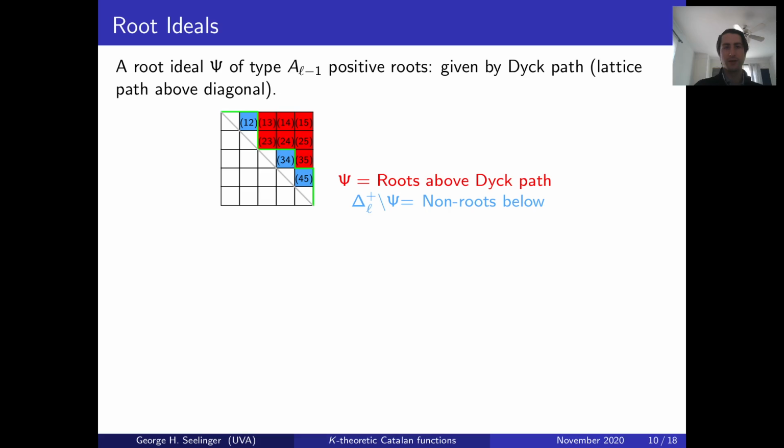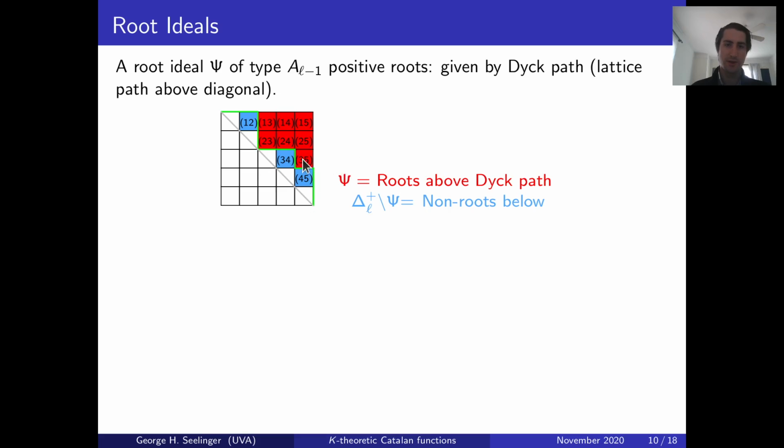So a root ideal of positive roots is equivalent to a Dyck path, which is just some lattice path above the diagonal. So I've depicted here, in green, a diagonal line, and then a lattice path that lies above that diagonal. And this separates the squares lying above the diagonal into roots and non-roots.